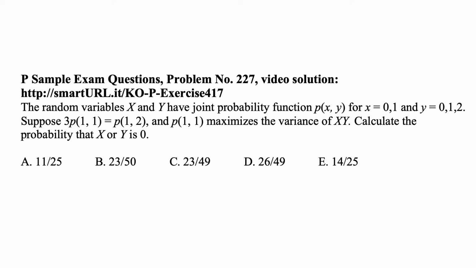But the other relationships between the probabilities that are given for this specific random variable xy work out this way: every single other probability is a function of p of 1, 1. There is an internal relationship between them. So you pick all of the probabilities to maximize the variance of xy, but you can pick them by picking p of 1, 1. That's basically the story.